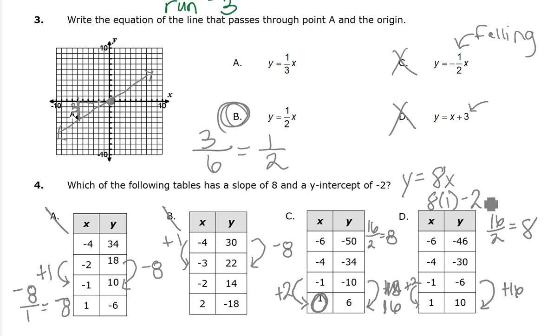That would make my y-intercept -2. If I look at my D, 8 times 1, but I want to get to 10, I would need to add 2. That would make my y-intercept +2. So C is my answer.